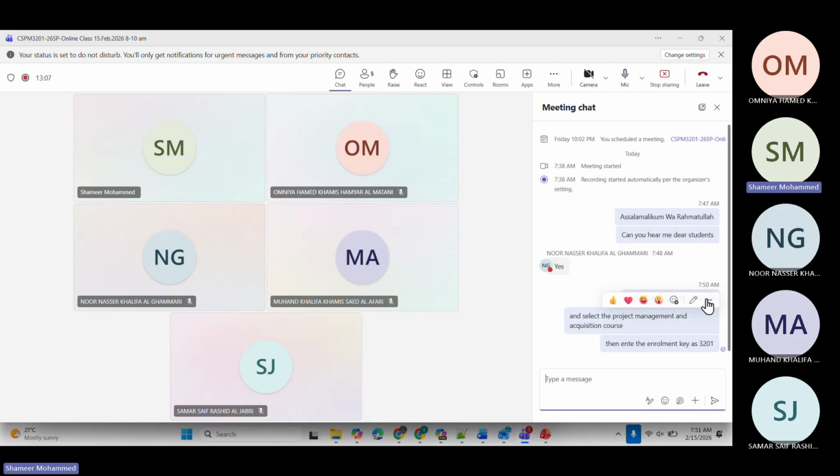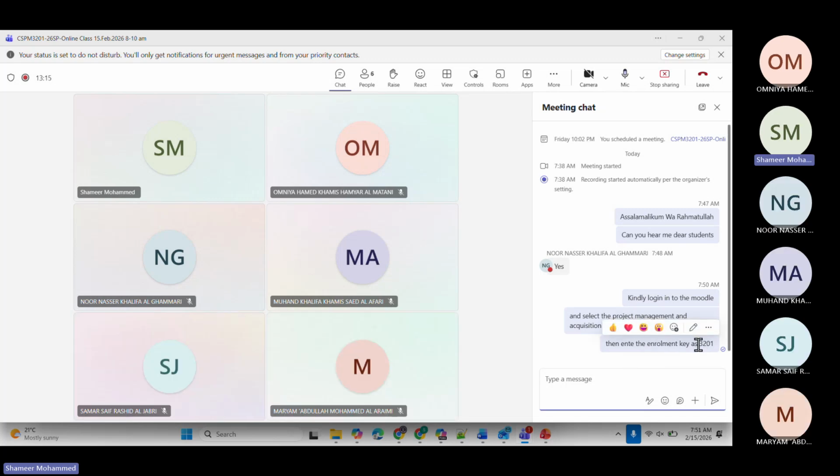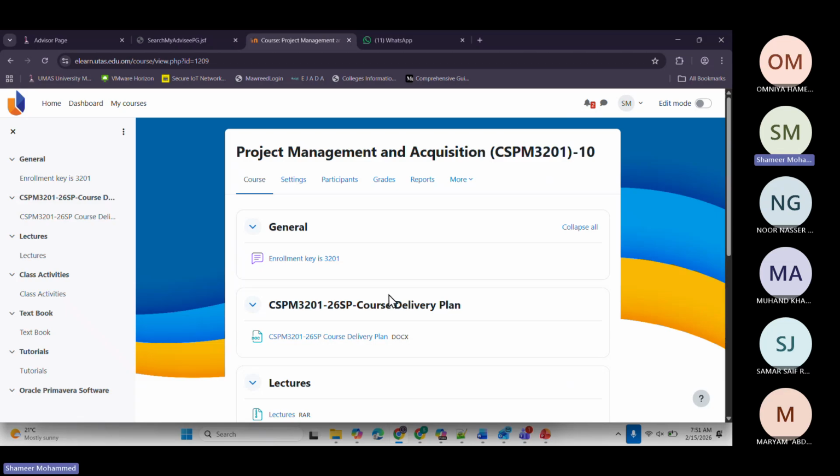Okay, log in into the Moodle, select your course, and then enter the key as 3201. Okay, 3201 is the key. This is the key to log in into our course.